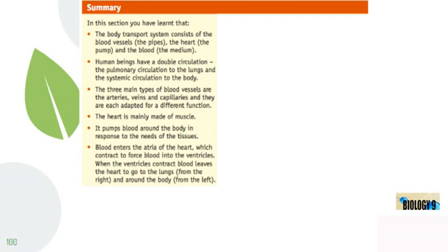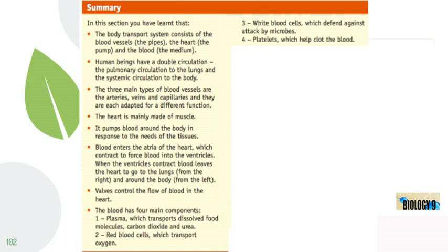Blood enters in the atria of the heart. They contract and force blood into the ventricles. The ventricles contract, and then blood leaves the heart, going to the lungs from the right side and around the body from the left. Valves control the flow of blood in the heart. The blood has four main components: plasma, red blood cells, white blood cells, and platelets.